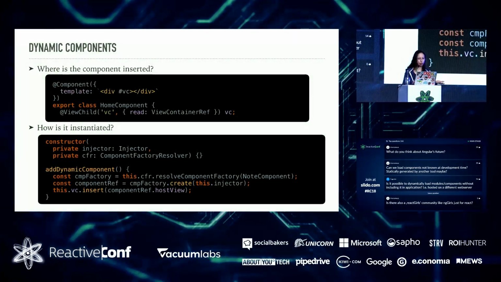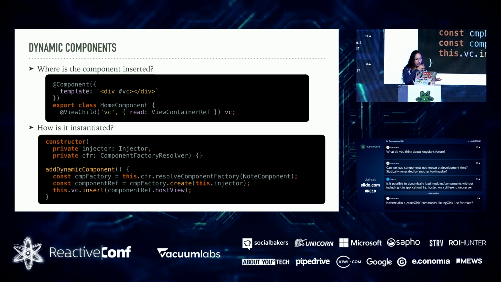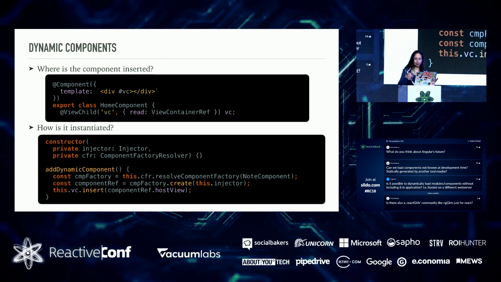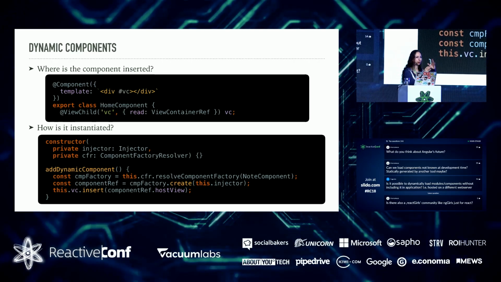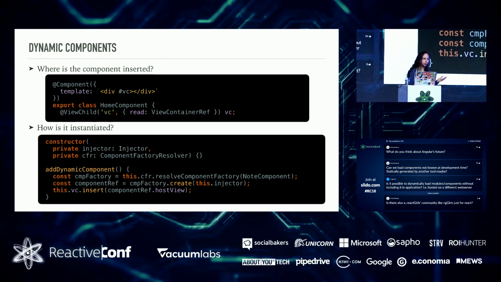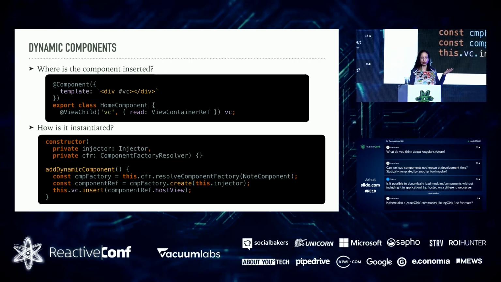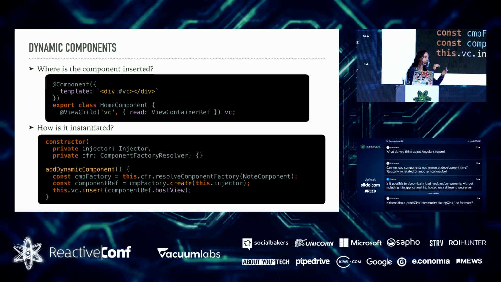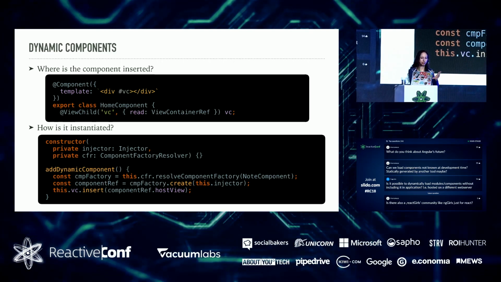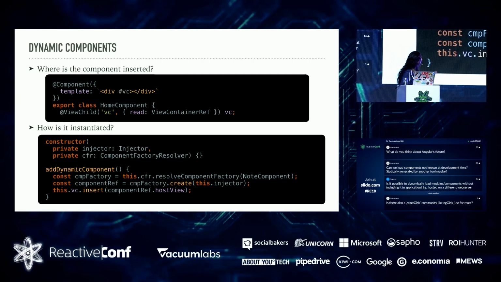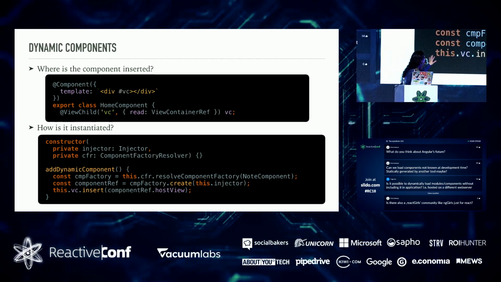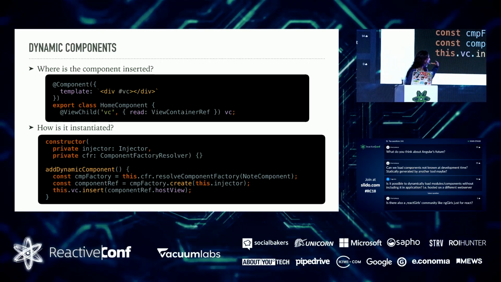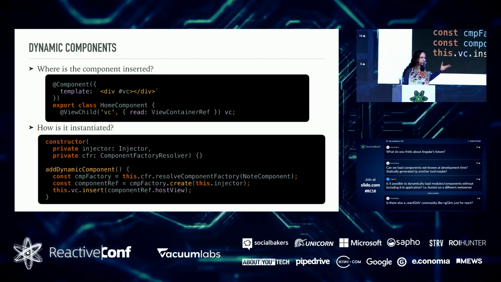So how do we create dynamic components? Like I said, we have a placeholder in our template, and this is one way to achieve this. We hold the ViewChild, and this is the place where we'll insert the component. To insert it, we first need to resolve the component factory to get it.